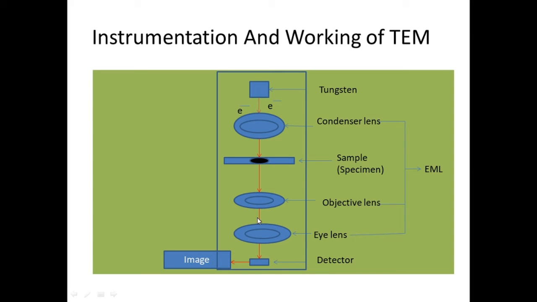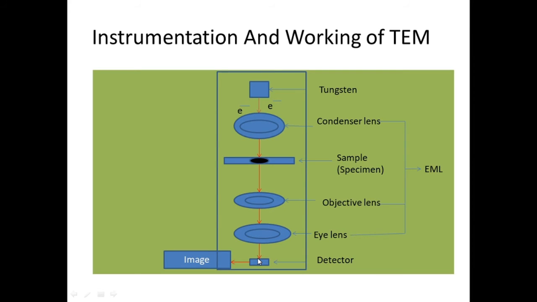Means first the electrons pass through the condenser lenses, then the sample, then the objective lenses, then toward the detector to give a signal, means to give an image. Here that image is always black and white.